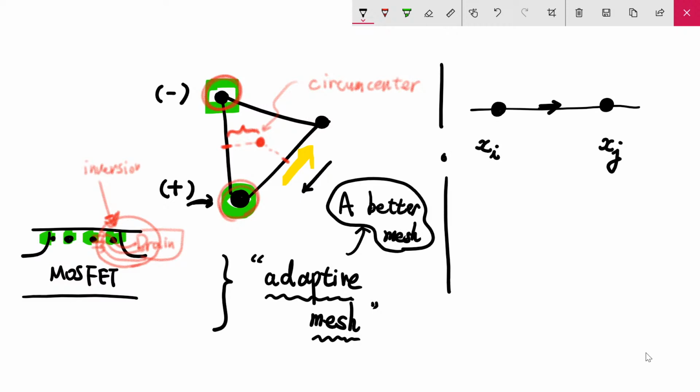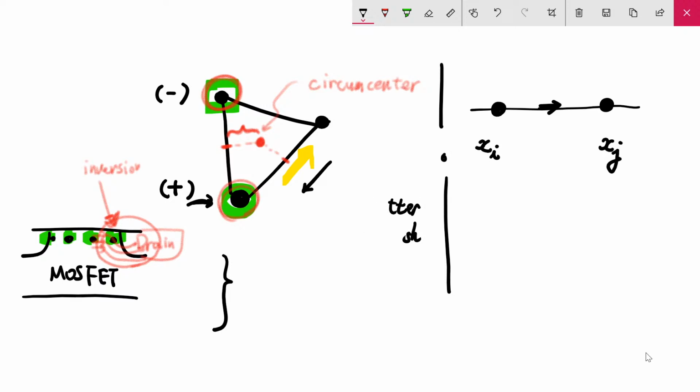Of course, there will be a degradation of numerical efficiency. Your simulation will take longer than before, but anyway, they manage to find a better mesh in this incremental way. So although adaptive mesh is available in commercial TCAD simulators, usually it is not widely used. So I will not talk about this one.